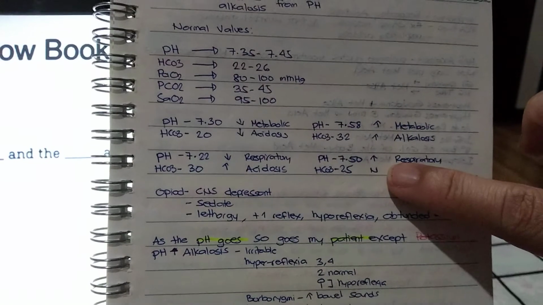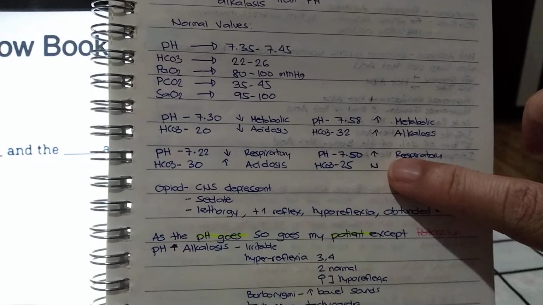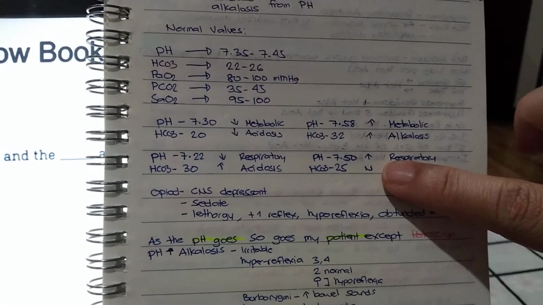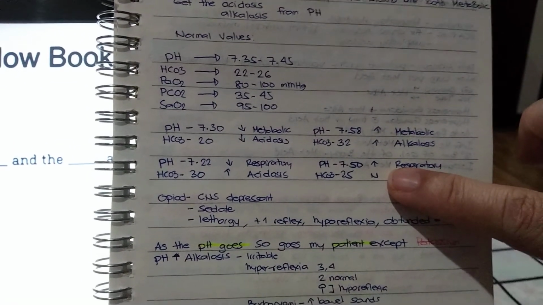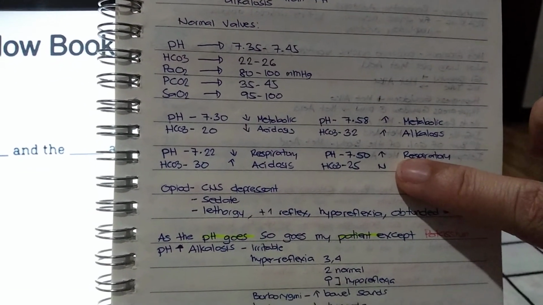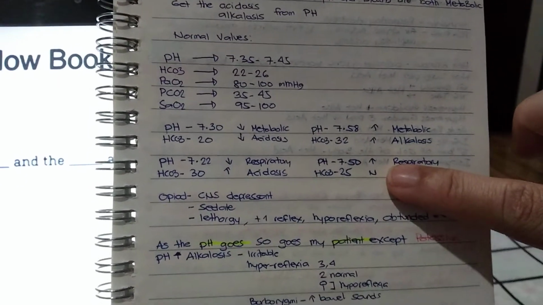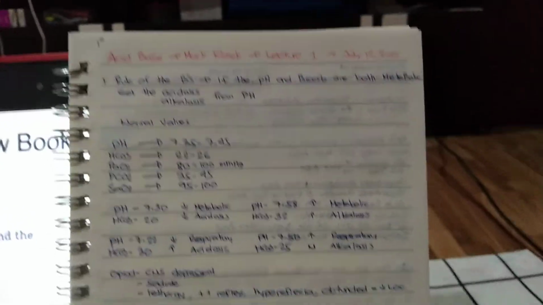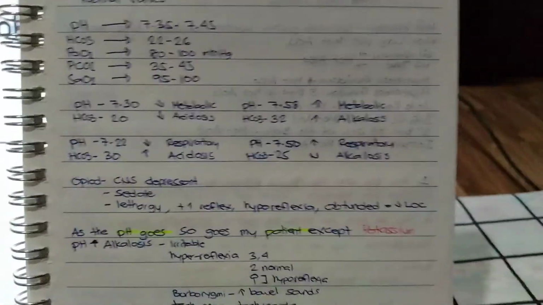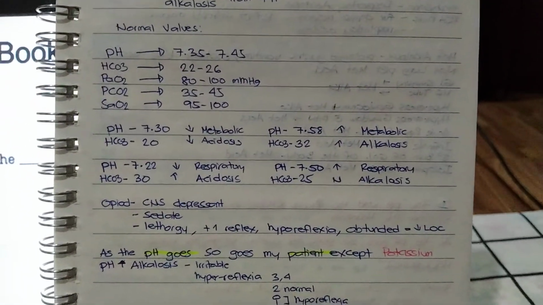So it is respiratory. Then we choose if alkalosis or acidosis, so we go back to the pH. The pH is increased. What did I say if it's increased? It's alkalosis. So it's respiratory alkalosis.